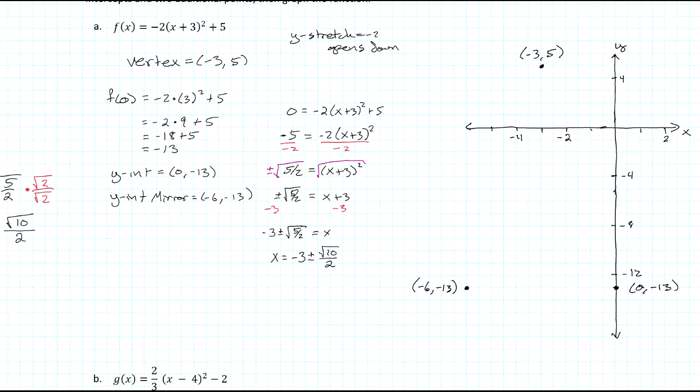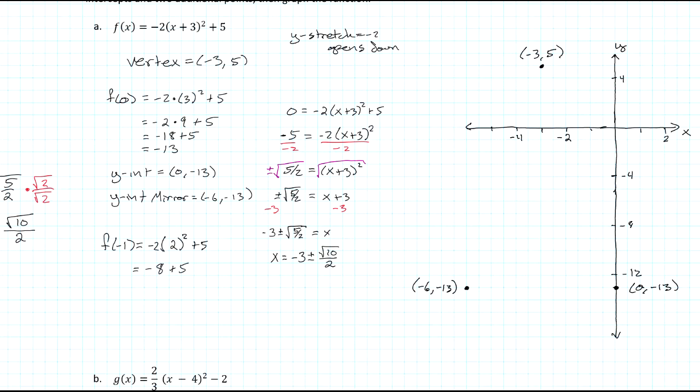Let's start with -1, right? If I plug in -1, I want to see what y value I get. So if I go f of -1, I'm going to get -2 times -1 plus 3 is 2 squared, and then plus 5. 2 squared is 4 times -2 is -8.